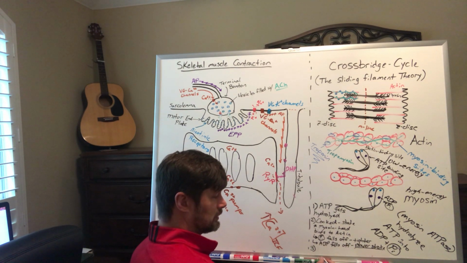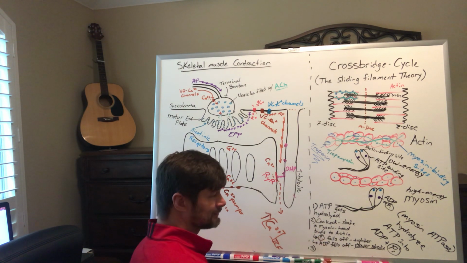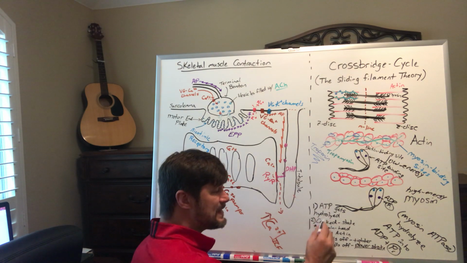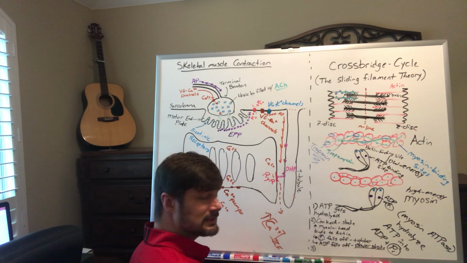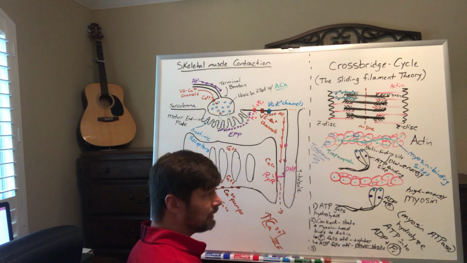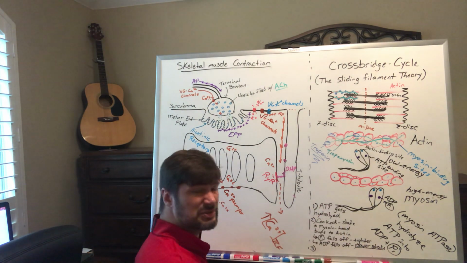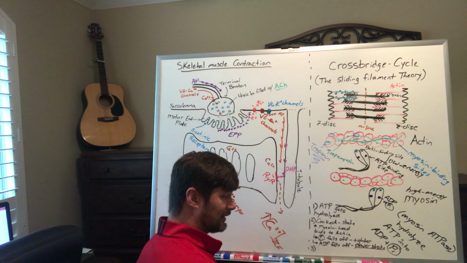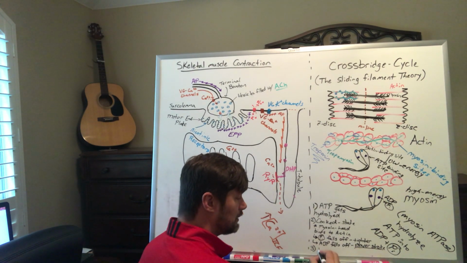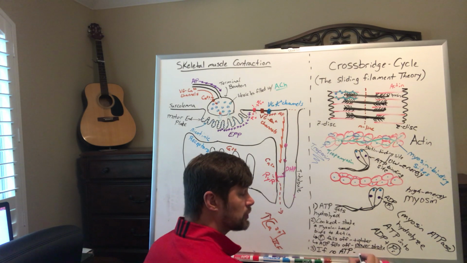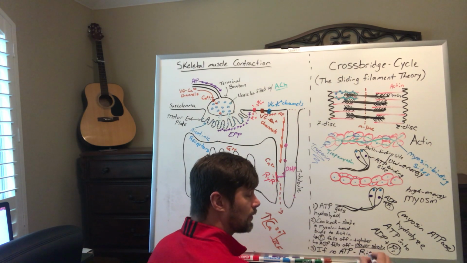Then what? Well, as long as ATP has not been hydrolyzed by the myosin head, then the myosin head stays bound to the actin. Okay? If there's no ATP, we call this the rigor state.